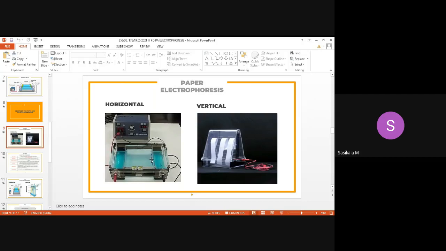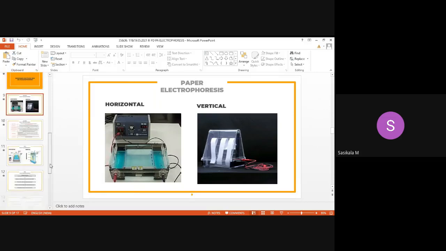So the sample should be applied accordingly, or you need to keep the paper in the opposite direction so that it moves towards the cathode. You need to know the pH of the conducting medium so that you can decide the direction of separation, either towards the anode or towards the cathode, and apply the sample and keep the paper in the medium of separation accordingly.